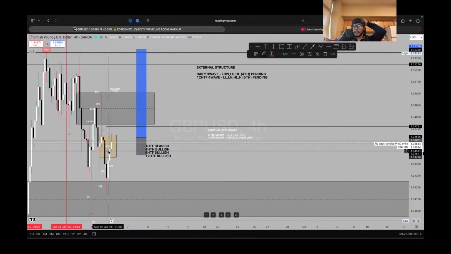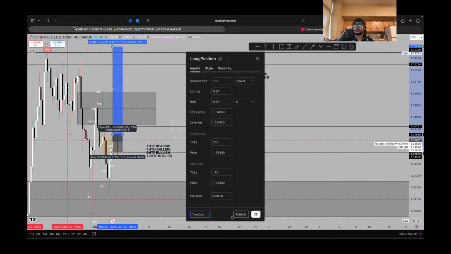We're gonna be using a round psychological number, so a flat number. Boom. So grab it like this. Second trade, the stops look a little bit different.